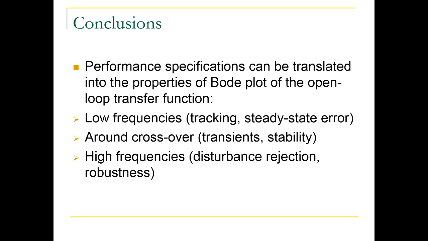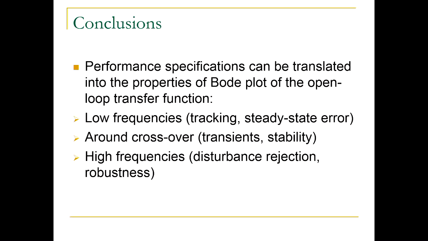So just to wrap up, what we did today: we looked at performance specs from the time domain, and translated them into performance constraints on the Bode diagrams for the compensated open loop transfer function. We saw that low frequencies are related to tracking and steady state errors.